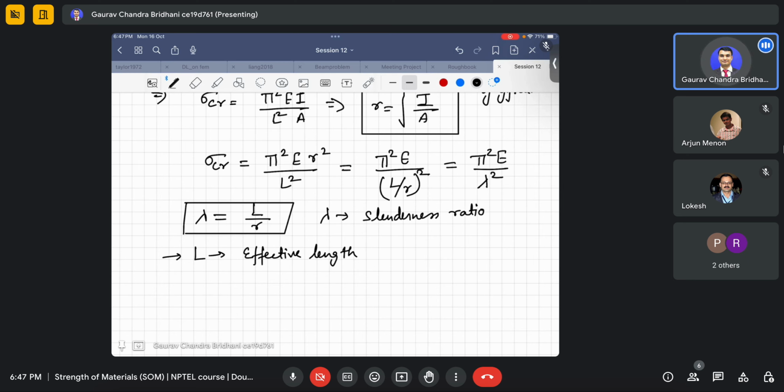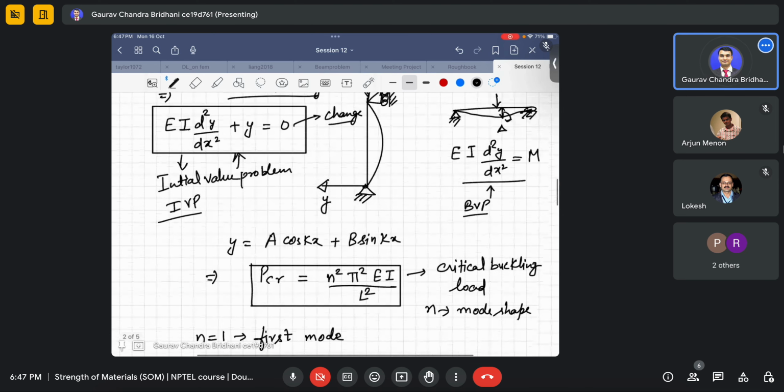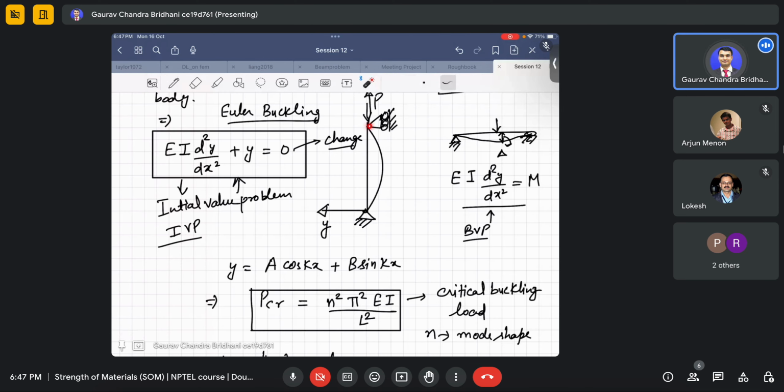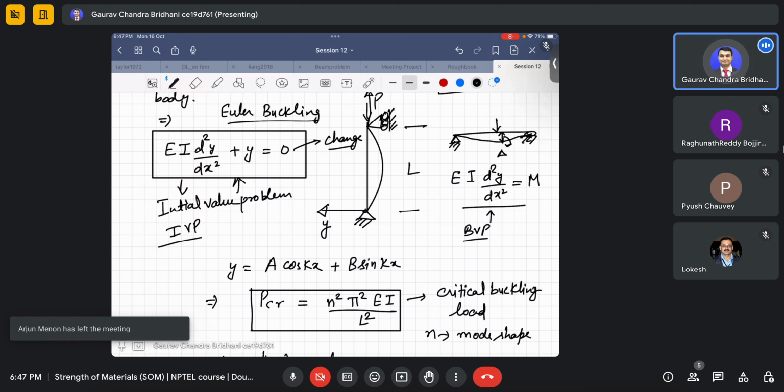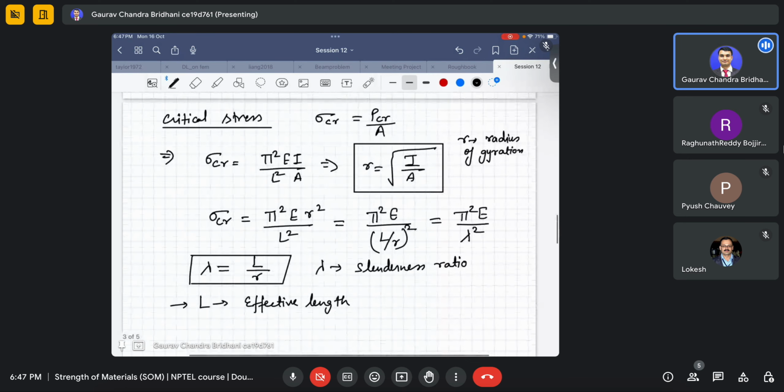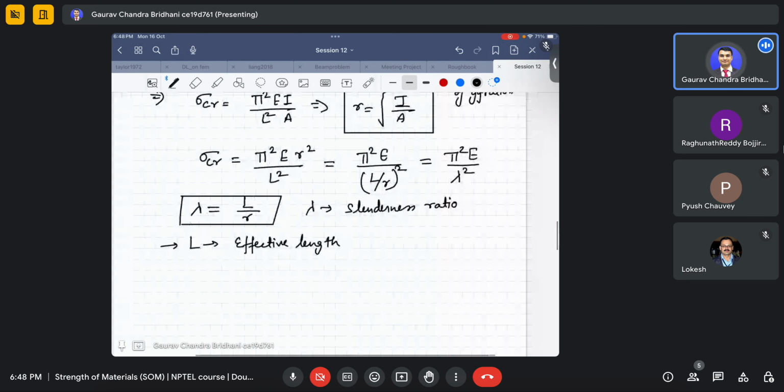So for a simple case with two hinges at the top and bottom, the effective length remains the same as the length. Here it really doesn't matter because the bending moment curve remains the same. Okay, so we have defined the critical stress.